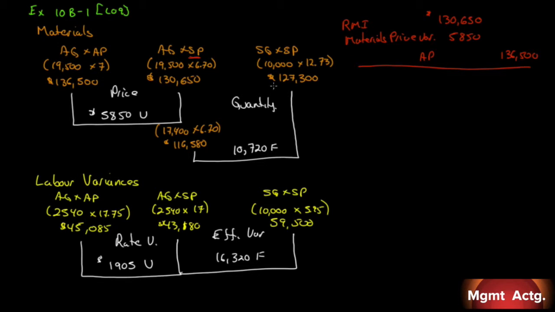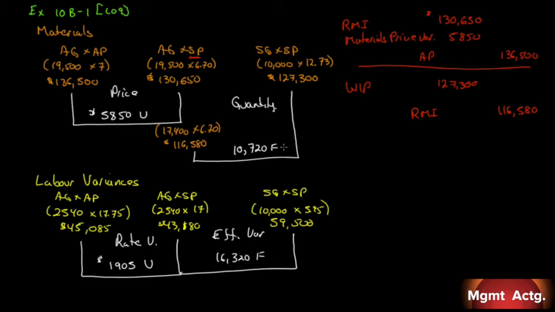Now we need a journal entry to record the entry into work in process. What leaves raw materials? $116,580. So our credit entry for raw materials inventory will be $116,580. What goes into work in process? $127,300 goes into work in process. So we're going to need a credit entry.